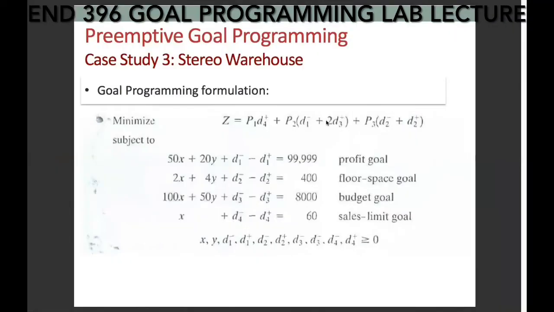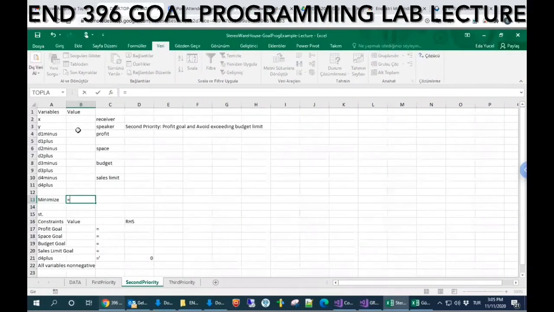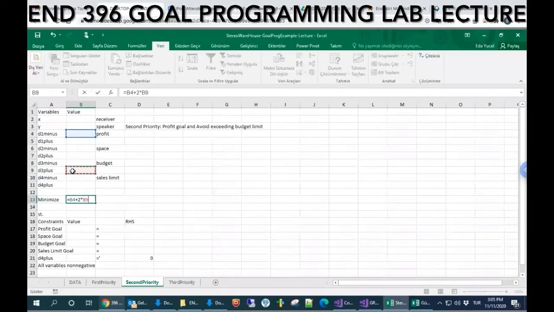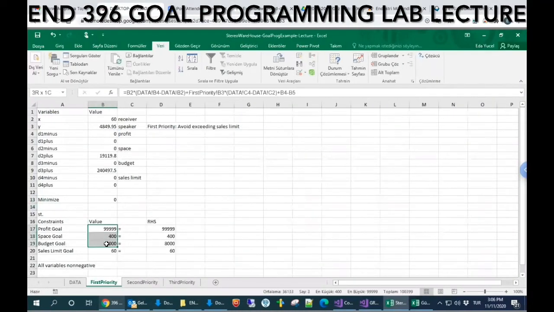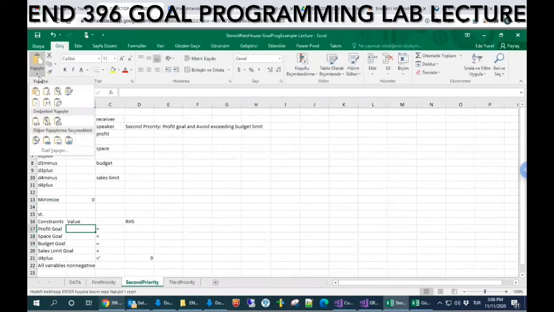D4 minus plus 2 times D2 plus should be minimized. D1 minus plus 2 times D3 plus should be minimized. We can copy these cells and paste them as formula here.